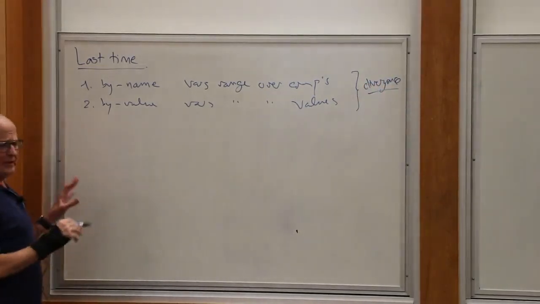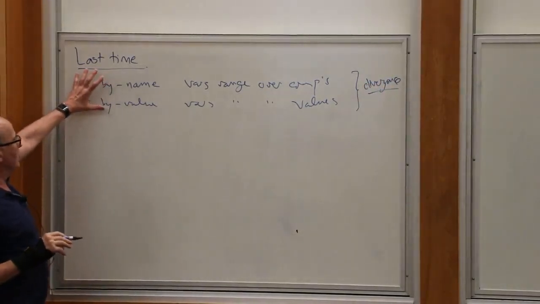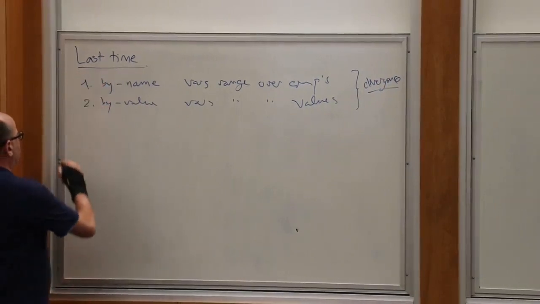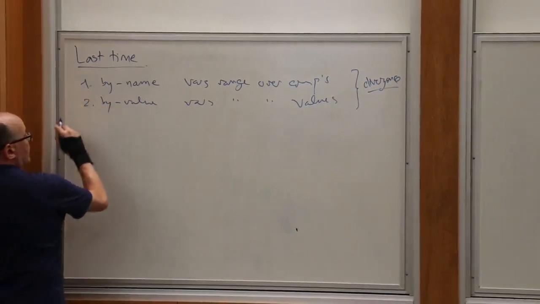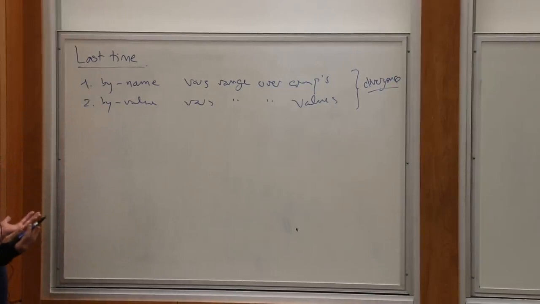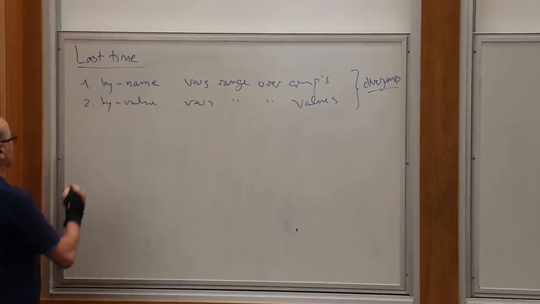I'm sorry, I think I might be writing too small. So we were looking at that distinction, and in particular, that was a way of relating two different approaches to the semantics of variables in programming languages, and I was trying to illustrate the relation between them.